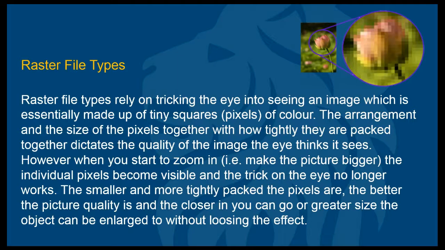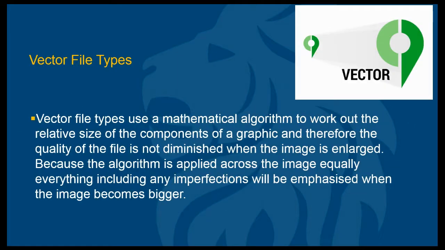Once again, the smaller and more tightly packed the pixels are, the better the picture quality is, and the closer you can go in, or the larger you can make the image before it distorts and you can no longer have the effect of tricking your eyes.